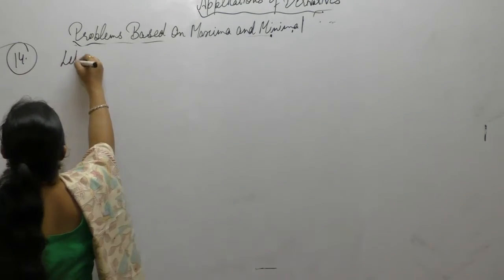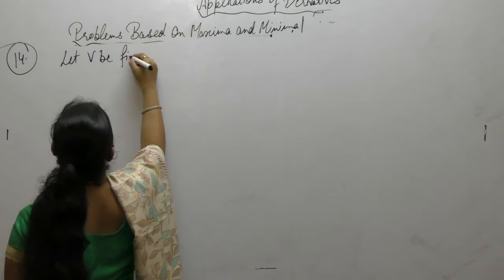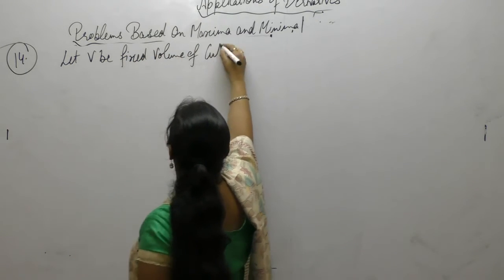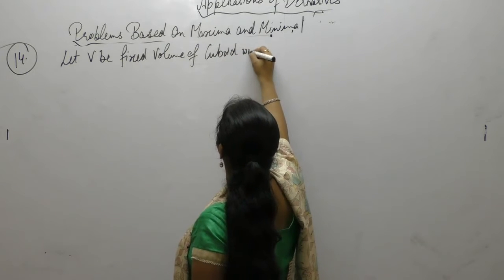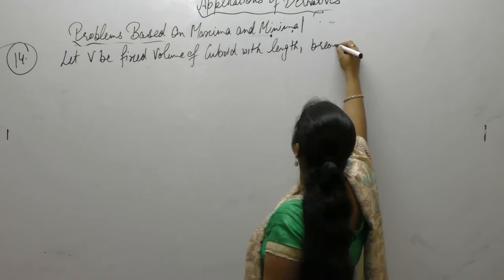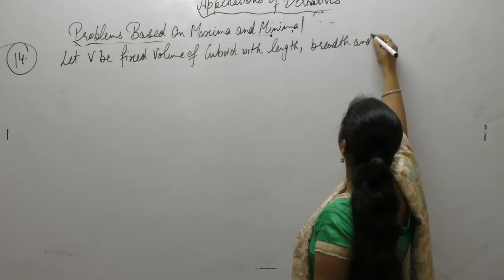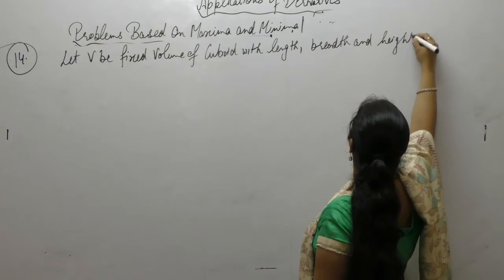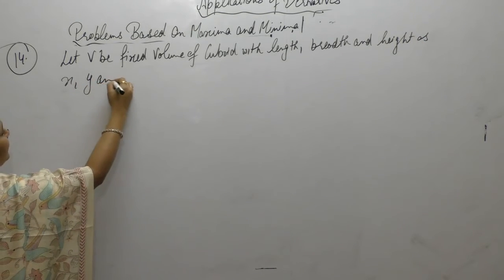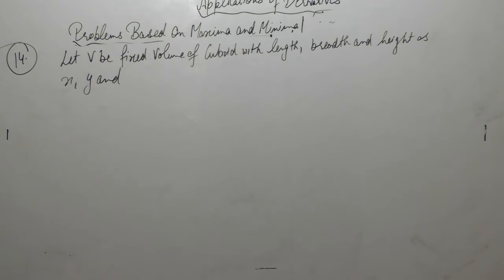Write down, let V be a fixed volume of a cuboid with length, breadth and height as x, y and y.